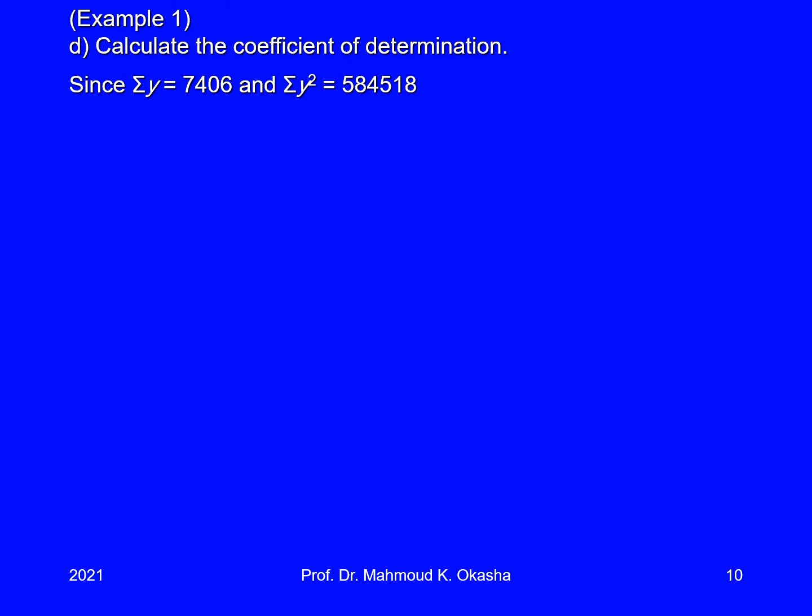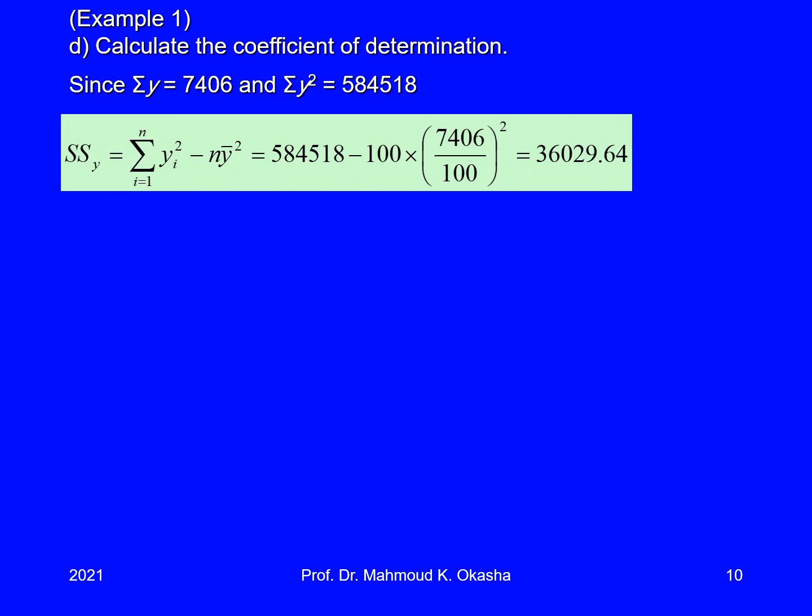Now, since sigma y equals 7,406 and sigma y squared equals 584,518, then we can calculate SSy easily. And we get it like that, 36,029.64, right?